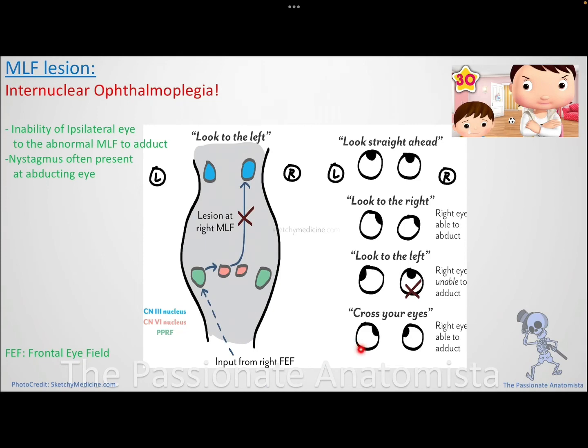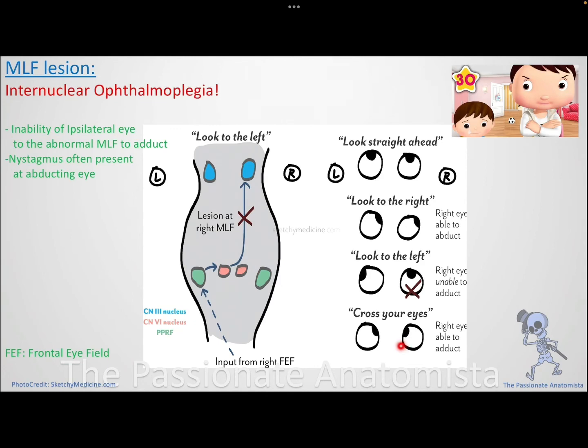Okay, so do you understand the idea of conjugate eye movement? When I tell you to look at the left, it means the left lateral rectus wants the right oculomotor nerve to follow her. In this case, she cannot do it because the connection is lost. However, if I tell the patient to cross his eyes, he will do it because the lateral rectus is not sending anything to this eye, so on its own it's going to do that.